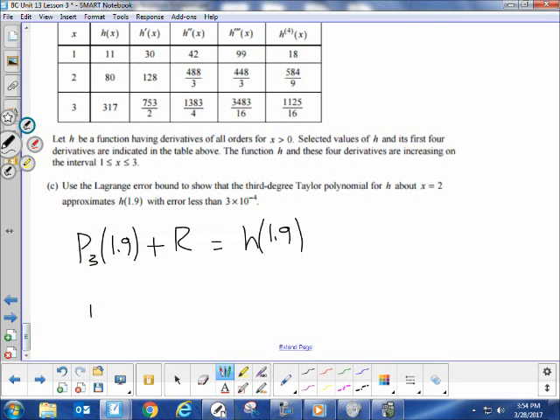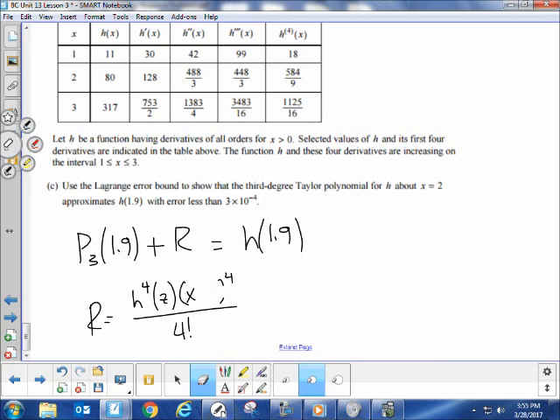And I know that remainder is going to be some fourth derivative, the next term. So h to the fourth prime of some value times x minus c to the fourth all over 4 factorial, right? So it's my next term with some special derivative. Here we're centered about 2, so our center for this Taylor polynomial is at 2.